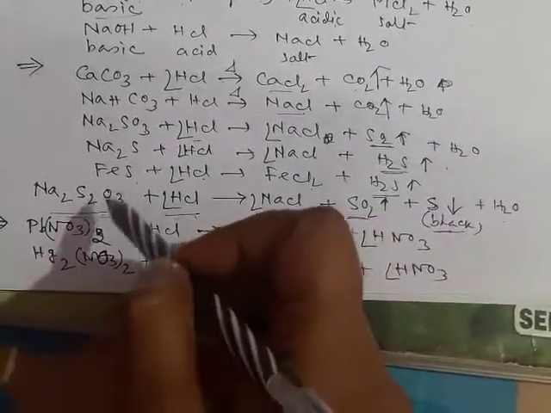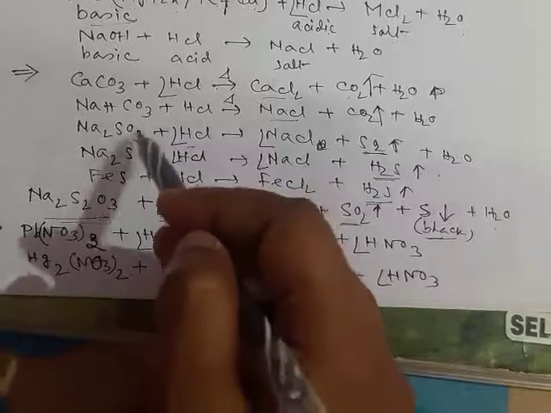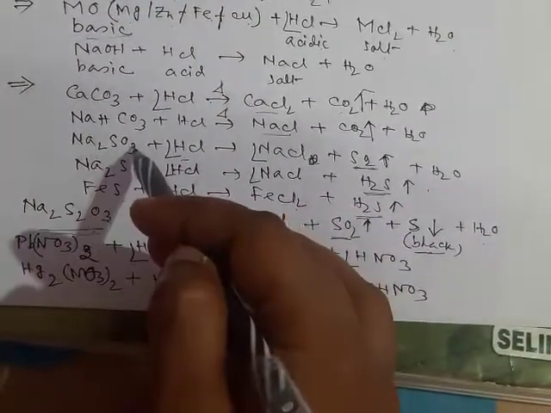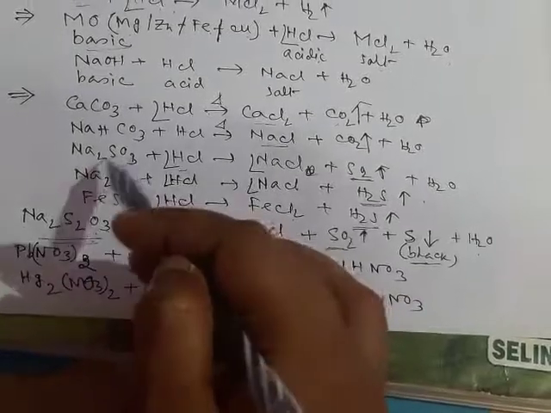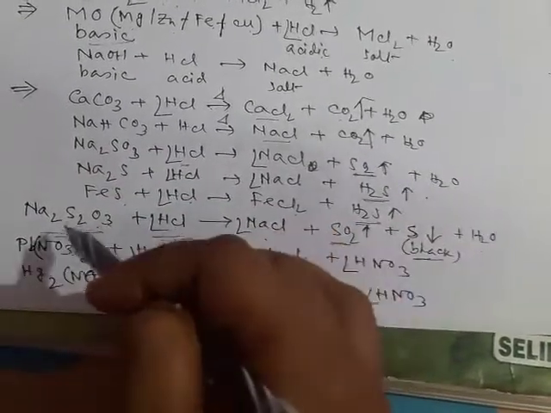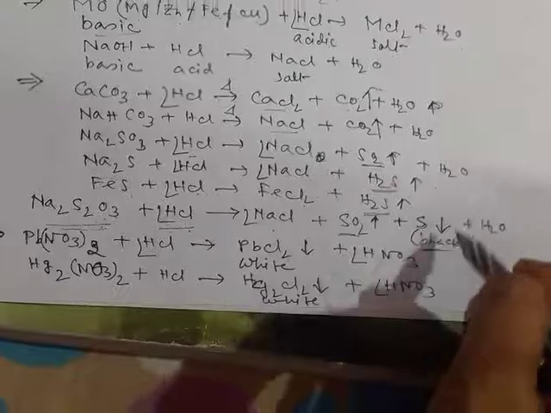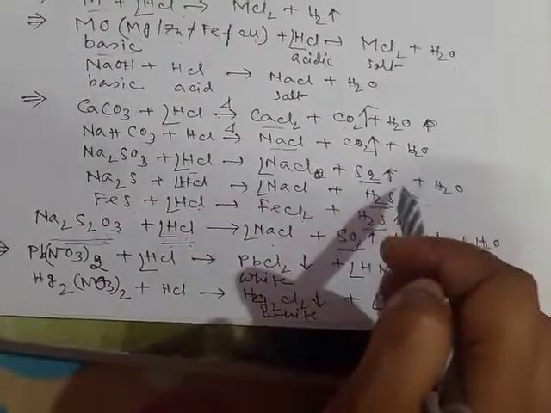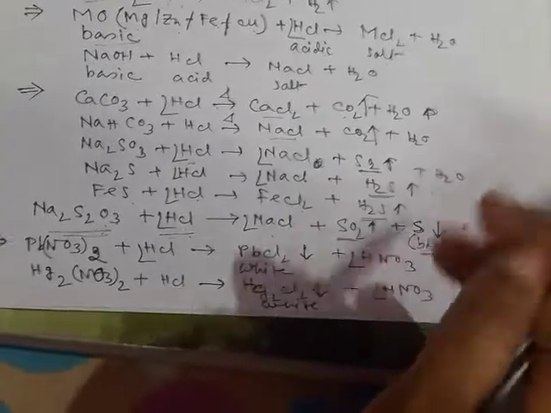So this is the difference between sodium thiosulfate and sulphite. You can differentiate thiosulfate or sulphite by this reaction. For thiosulfate you will get sulfur, whereas for sodium sulphite there will be no sulfur formation.